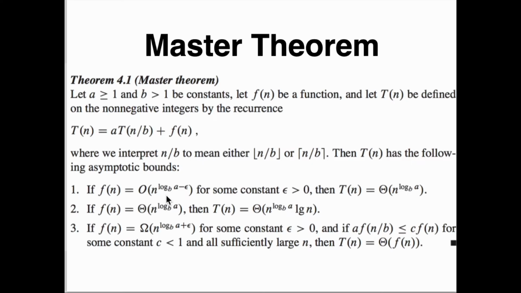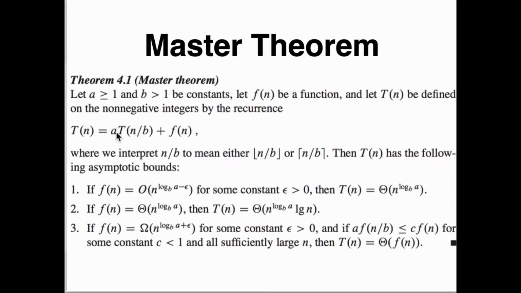The first case is when we can show that our f of n obtained from the recurrence relation is in O of n raised to log of a base b minus epsilon, for some epsilon na constant greater than 0. The second case is when we can prove that f of n is in theta of this evaluation. And the last case is when we can prove that f of n is in omega of this.